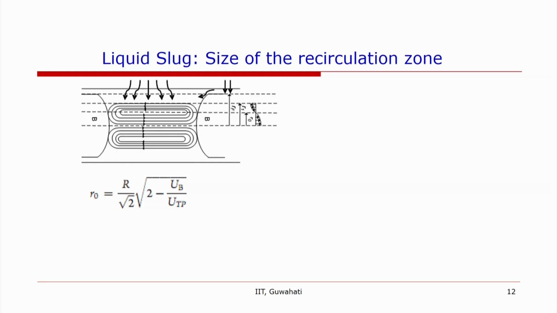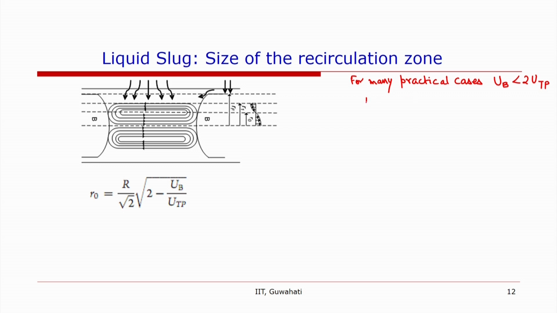So another thing that we will discuss here is that in quite a few cases we have UB less than 2 UTP. So that means we will have recirculations. For many practical cases, we have UB less than 2 UTP.